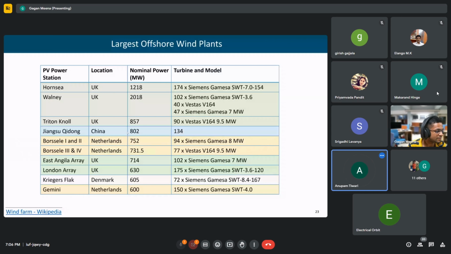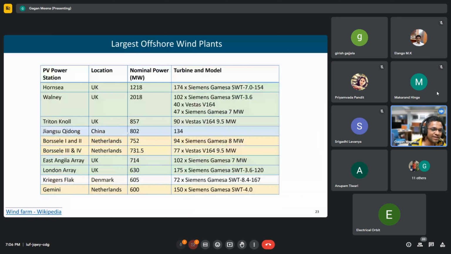12.18 gigawatt. You said offshore has very high capacity. Nowadays we have around 16 megawatt for a single offshore turbine, not gigawatt. Gigawatt is for the entire plant.